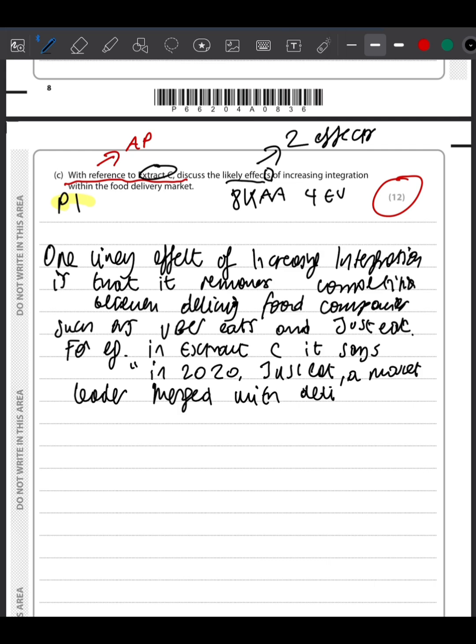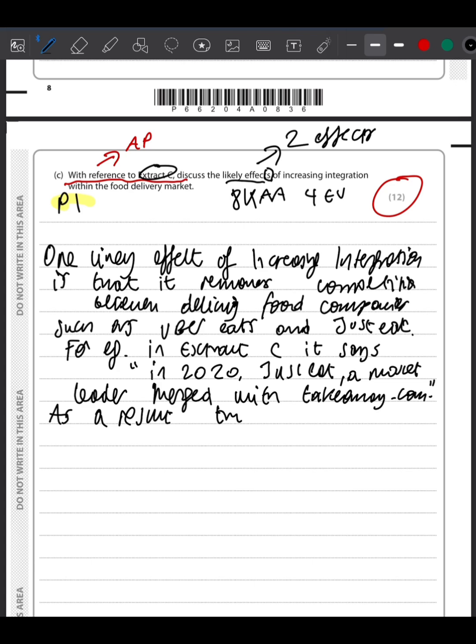Takeaway.com. So we could write with Takeaway.com. And then we just explain what this means.